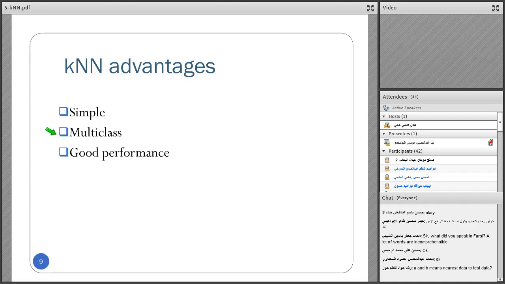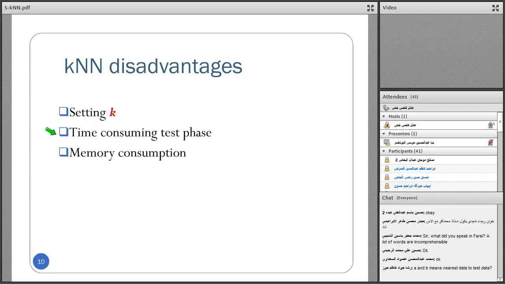So KNN is a classifier which could be used for classifying multi-class data. This is one of the advantages of KNN. It could classify data which has multiple classes. These are 2 of the advantages of KNN.